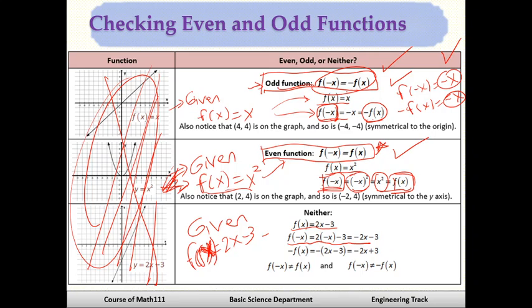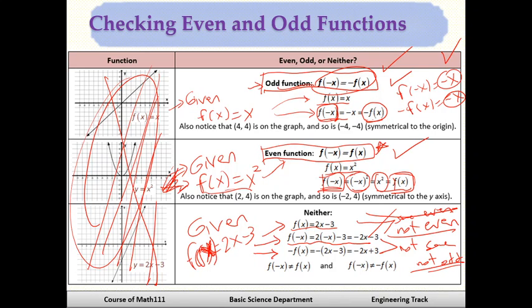Then you check f of x, f of minus x, and minus f of x. If the first two are the same, then we say it's even. They're not the same, so not even. If f of minus x and minus f of x are the same, you say it's odd, but they are not the same, so not odd. So in this case, it's not even and not odd, which means it is neither of them.